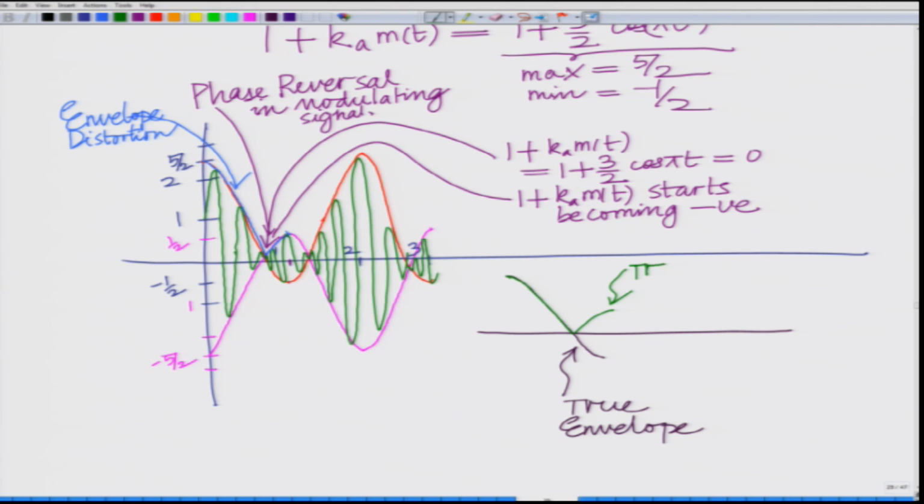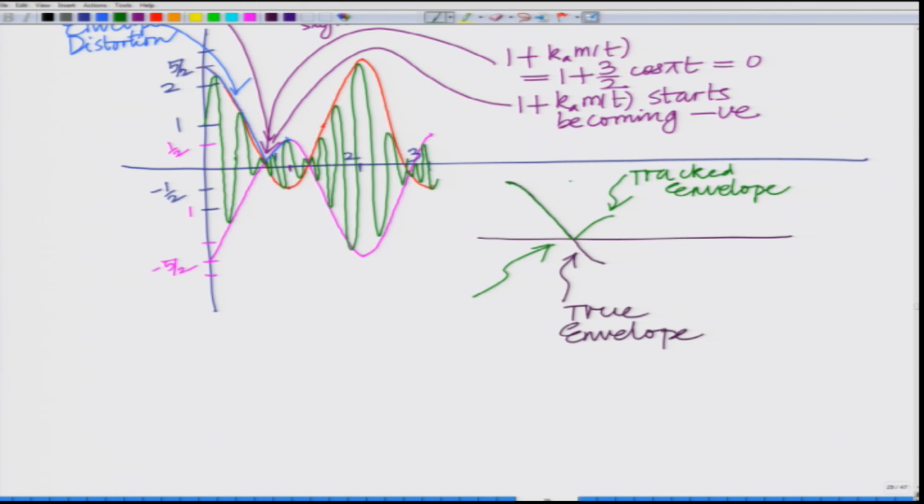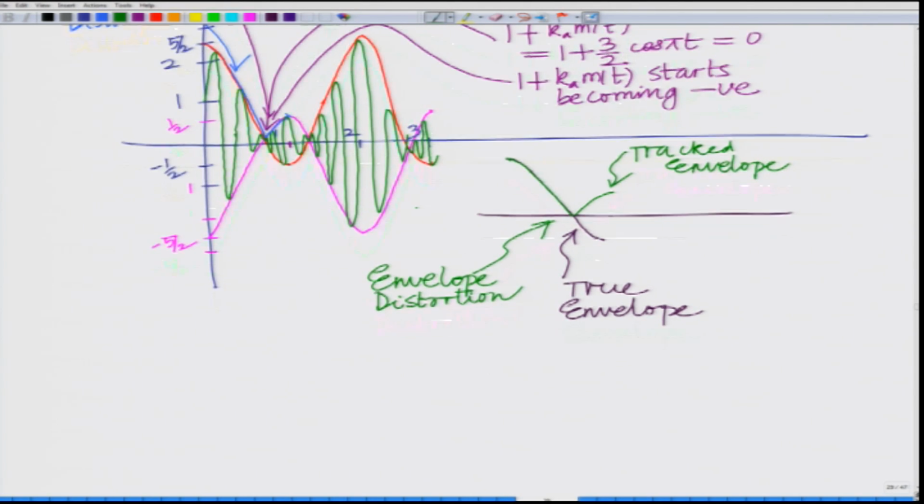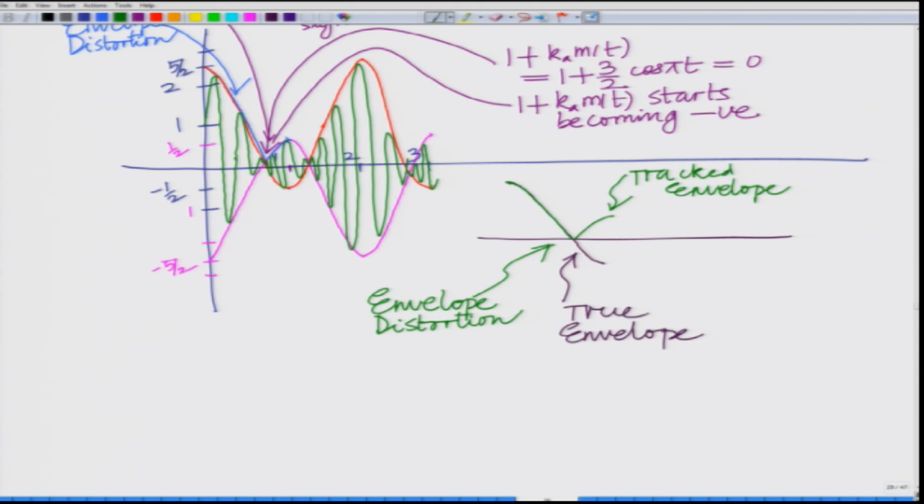This is your tracked envelope, and this leads to envelope distortion, therefore, because it undergoes a phase reversal, correct.